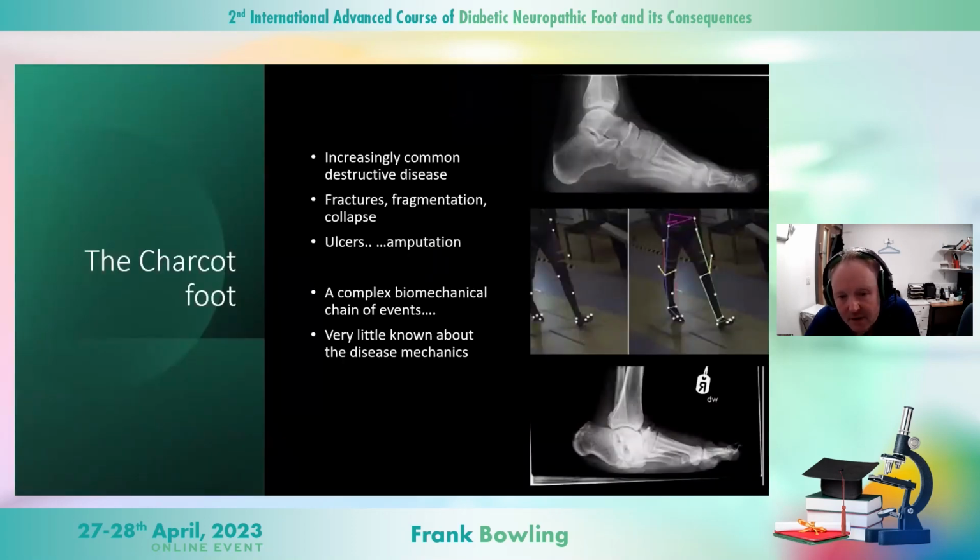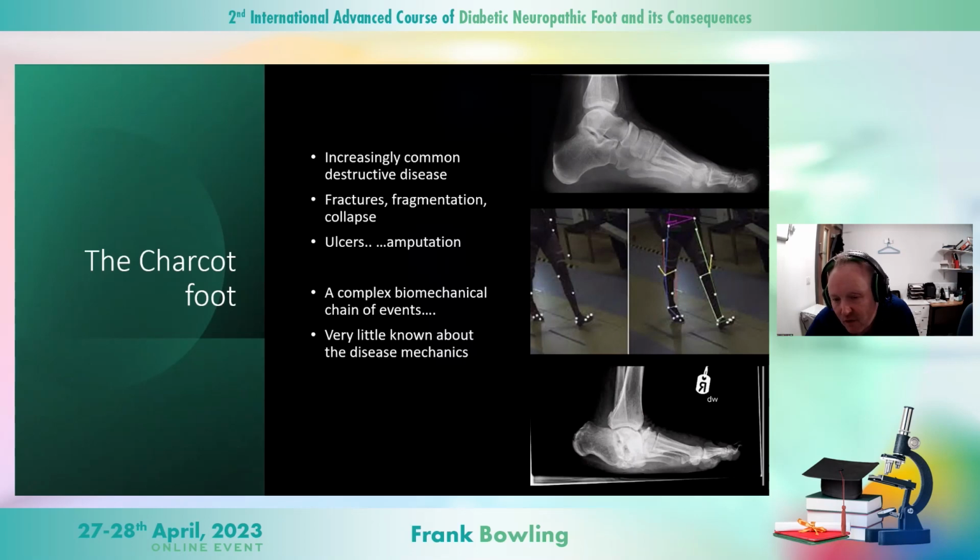Super. So I think a lot of you will already know this. We know it's an increasingly common destructive disease. We know we get fractures, fragmentation, and collapse. Ultimately, these lead to amputation. And we know that it's a complex biomechanical chain of events to which we know very little about.